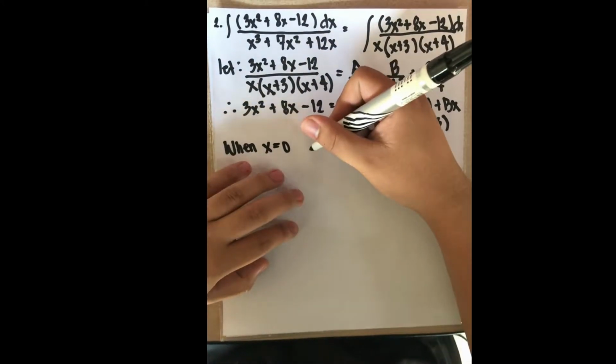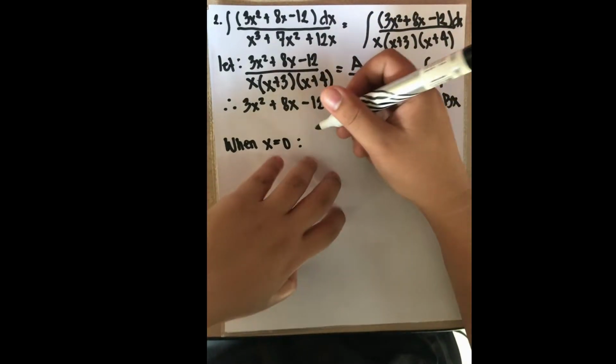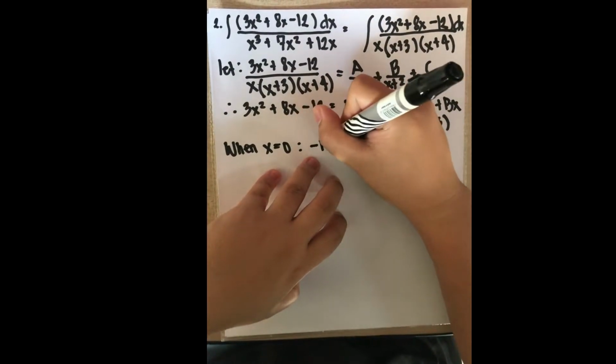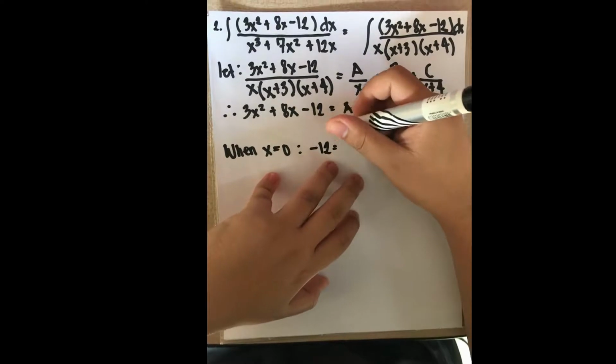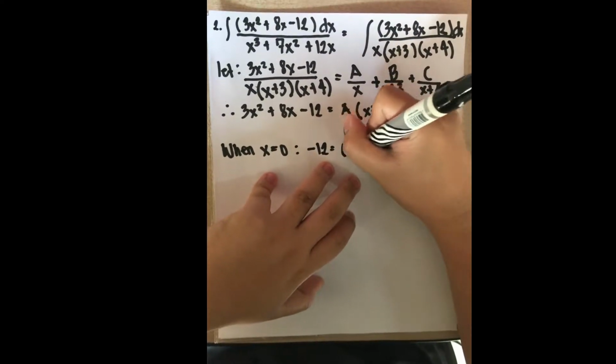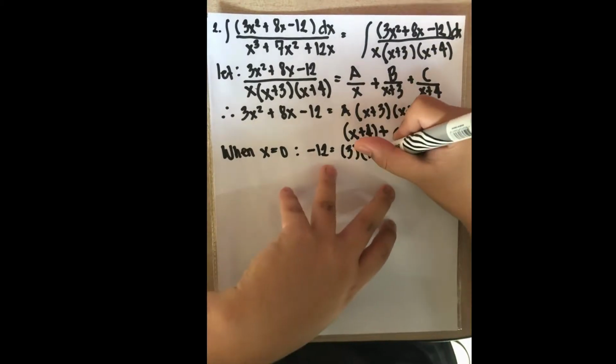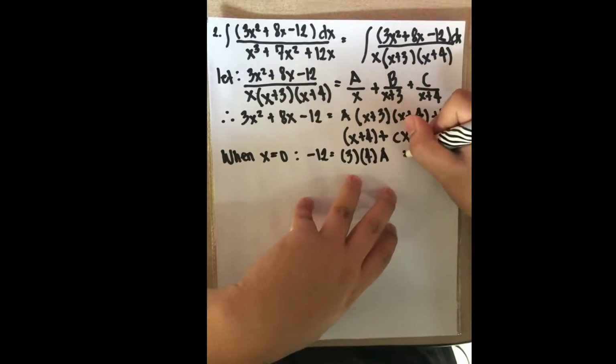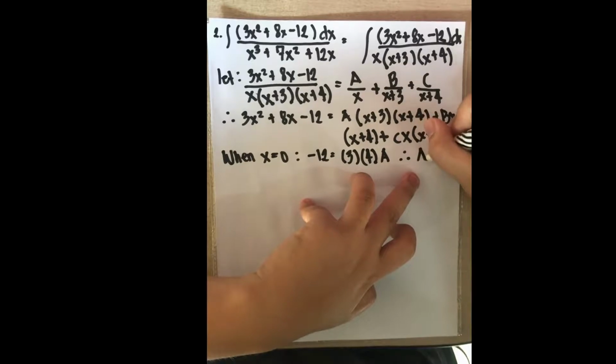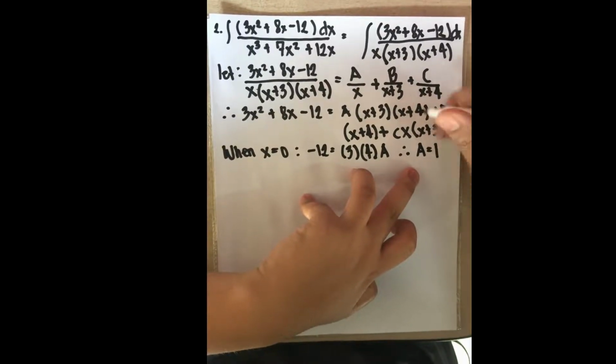When x equals 0, negative 12 equals 3 times 4 times a, therefore a is equal to 1.